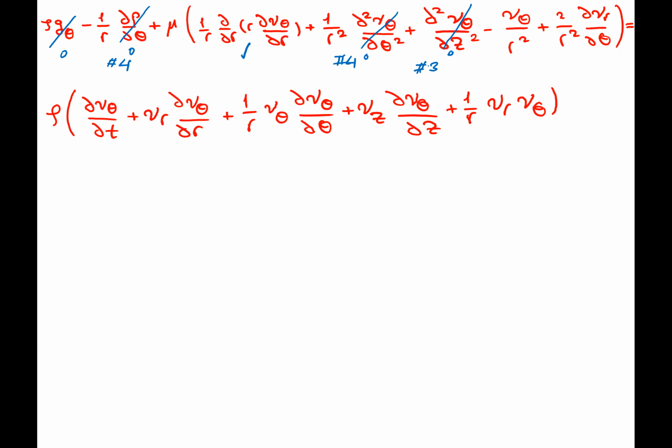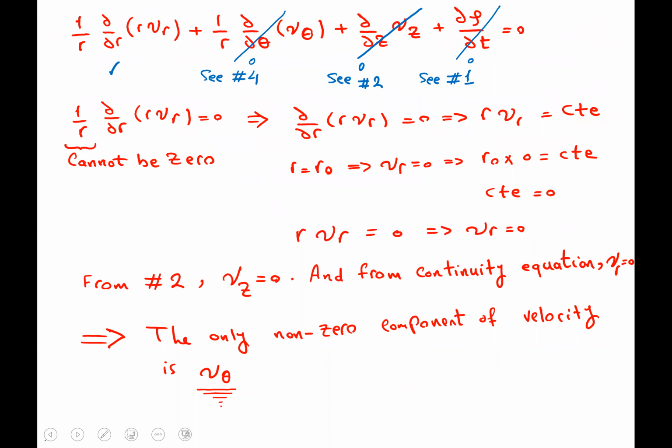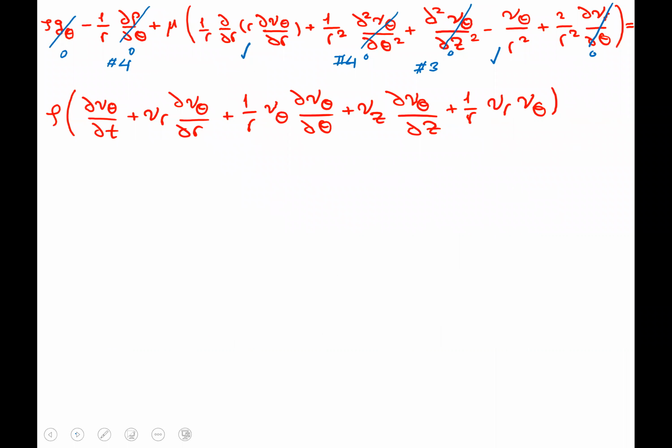Then I leave this term because we have v theta. And then we don't have vr, so obviously this term is 0 because vr is 0, right? And if I go back, that's something that we found here by solving continuity equation, that vr is 0. So I can say this is 0 because vr is 0.